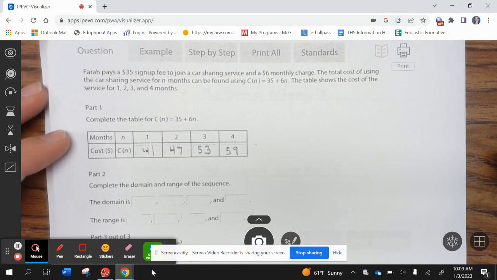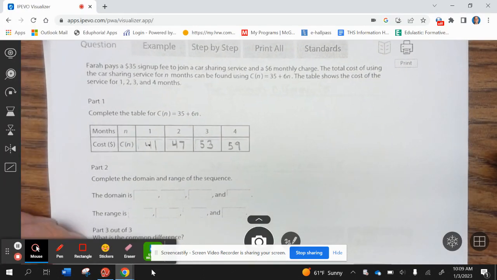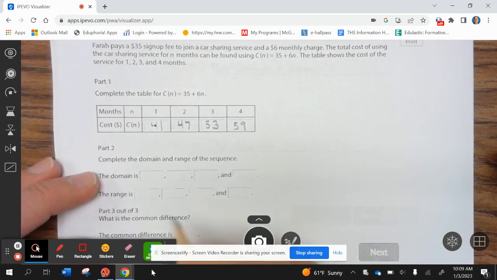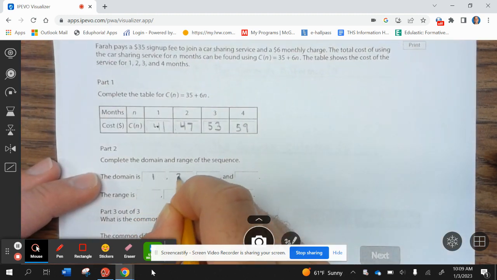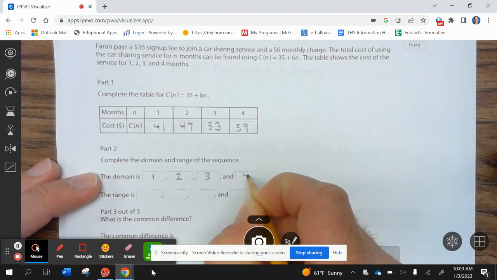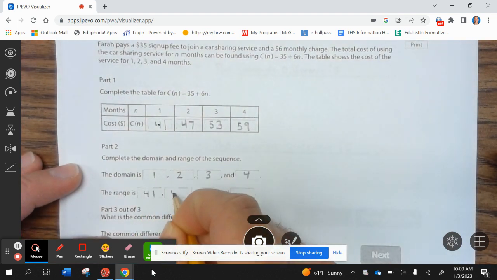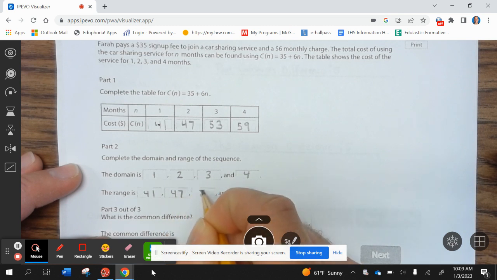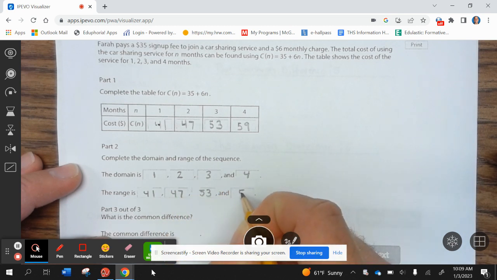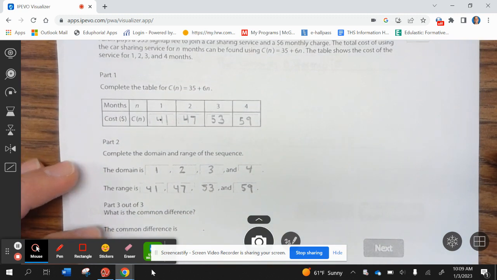All right, so there is our table. Now, the domain is the months, so that's 1, 2, 3, 4. And the range is the cost, so 41, 47, 53, and 59.